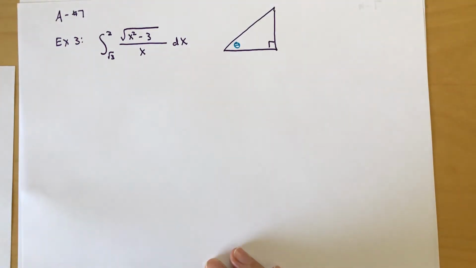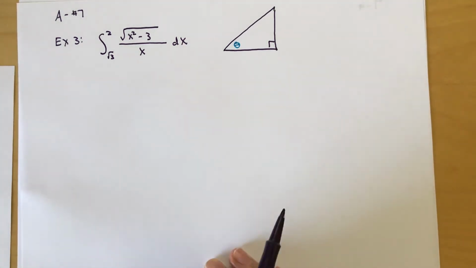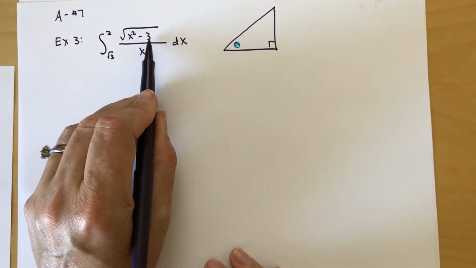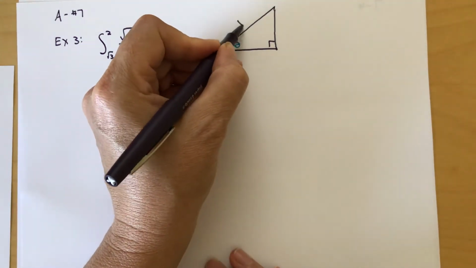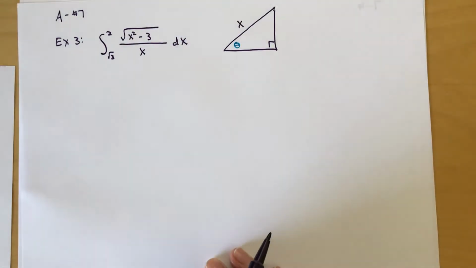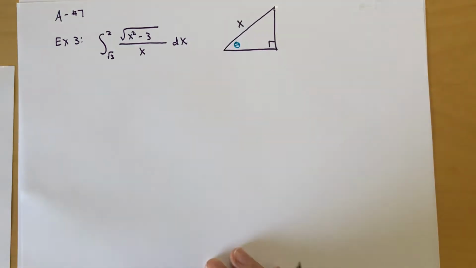In trying to decide where to put the values, you might guess and check and get it wrong and have to guess again. In this case, I know that one of the sides is x and one of the sides is going to have to be the square root of 3. Because of the subtraction, it's going to have to be the x here, and then I'm trying to decide between putting the root 3 here or the root 3 here.